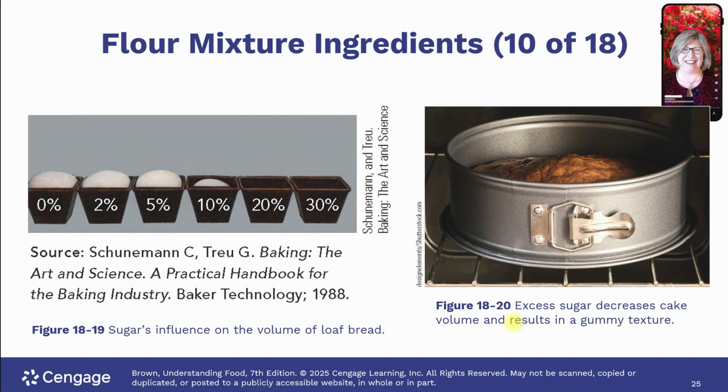Also, if you use too little sugar, you can also have a problem. Figure 18-20 shows what happens when you use excess sugar, and that will decrease the cake volume and result in a gummy texture. It's important to use standardized recipes in an institutional setting because you don't really have time or money to reproduce these items if they fail. So you use proven recipes, and that's a whole other thing to learn about.